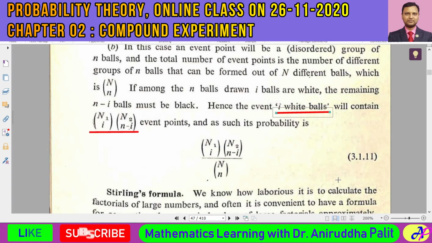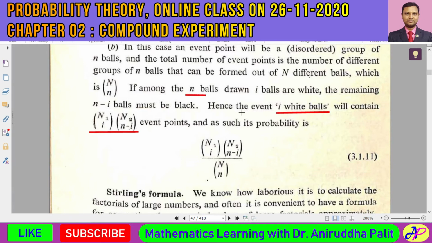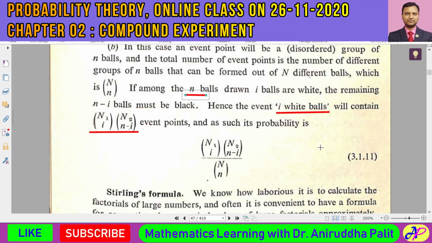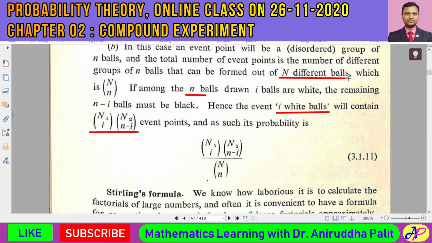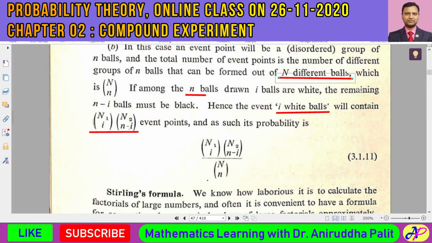And in total, how many balls are chosen altogether? In total, small n balls have been chosen, out of which I are white and the remaining n minus I are black. So small n balls are chosen from altogether capital N balls, black and white. Initially we had capital N balls, and small n balls are to be chosen out of them, which is possible in N C n different ways.